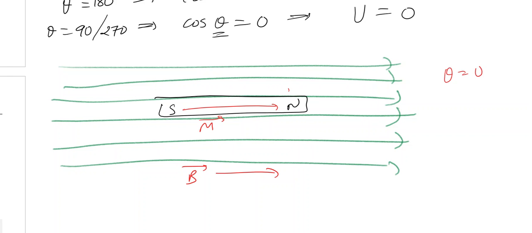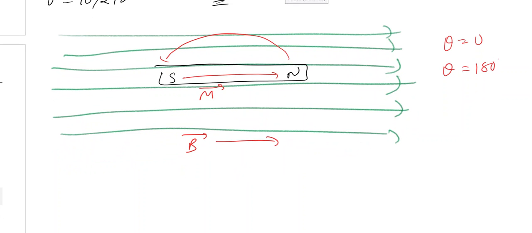Now what if I want to flip the dipole and take it to 180 degrees? How much work will I have to do? I can say that the initial potential energy is minus mB, the final potential energy is plus mB, and hence the work done is 2mB.